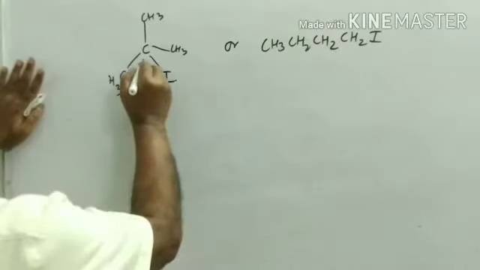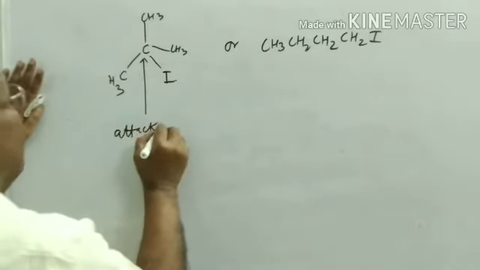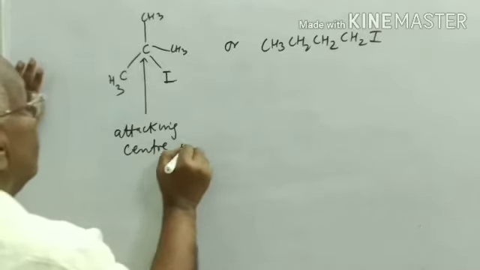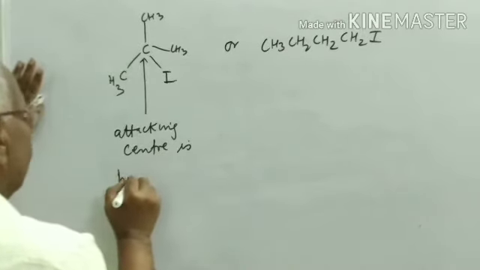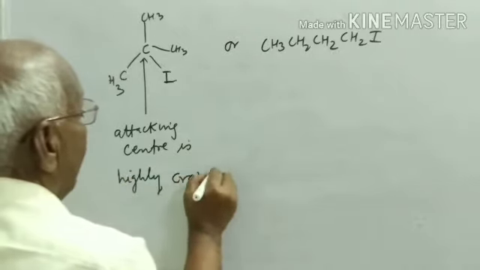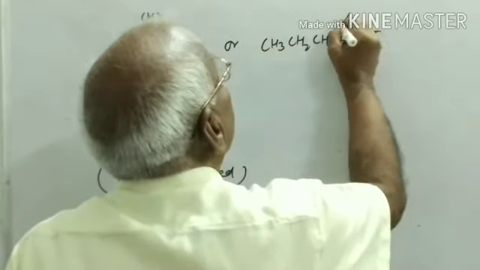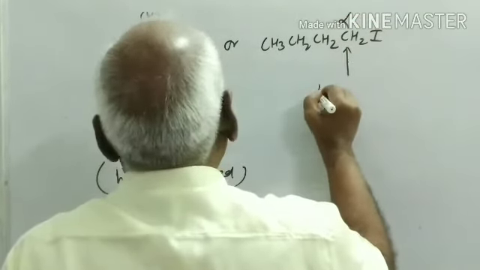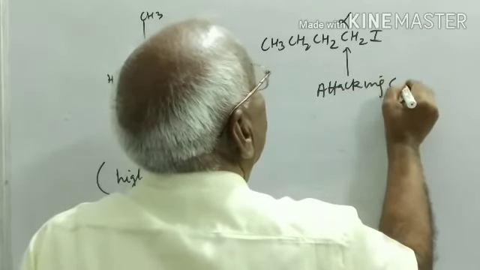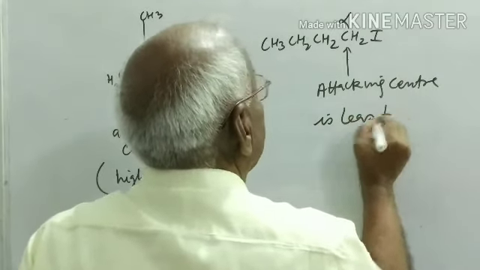This is the attacking carbon, the alpha carbon. Here the attacking center is highly crowded. Here the attacking center is least crowded.